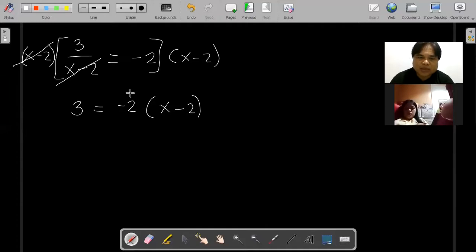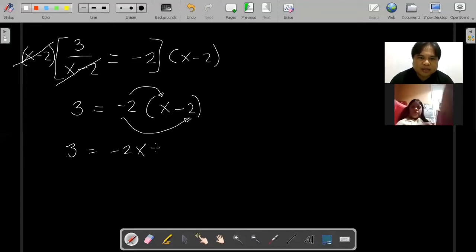Okay, and then you can distribute, you multiply this negative 2 here, distributing it inside the parentheses. So what you have now is 3 is equals to negative 2x plus 4. Yes? And then place all the variables on the left side to make it easier. This becomes 2x is equals to 4 minus 3.